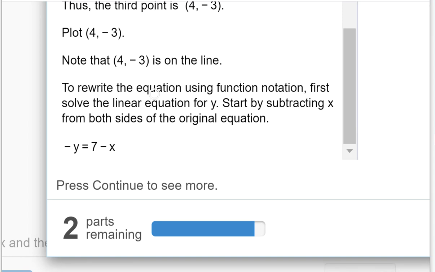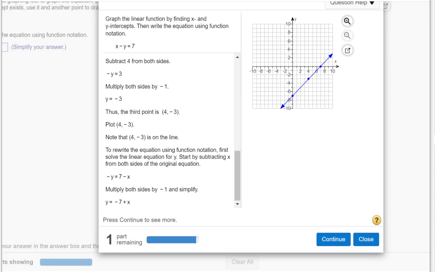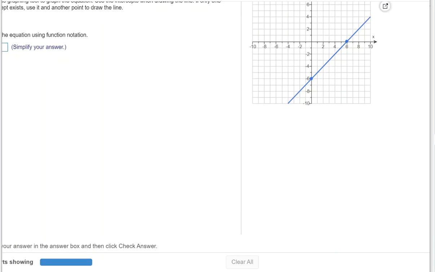If you rewrite or solve the equation for y, get y by itself, you'll end up with an mx plus b format to the equation, and you'll ultimately end up with an expression that looks like function form that MathXL is asking for. So in their example, they're doing the math necessary to get y by itself. And finally, when we do have y by itself, we simply change y to f of x, this function notation.